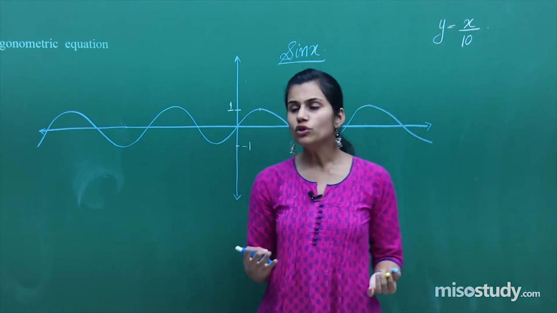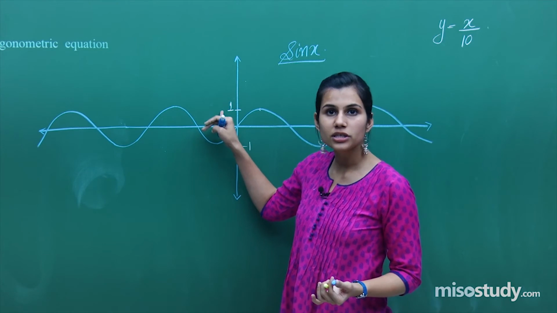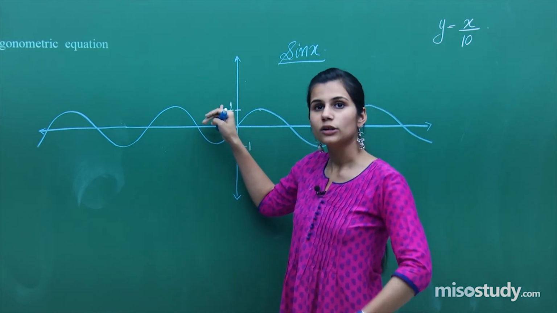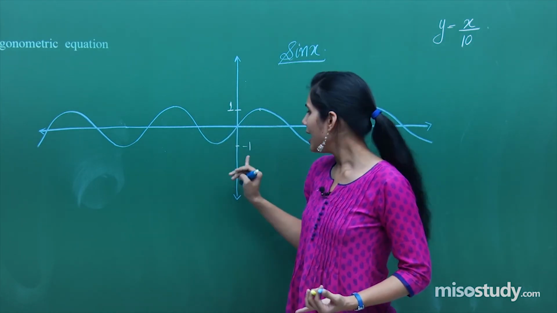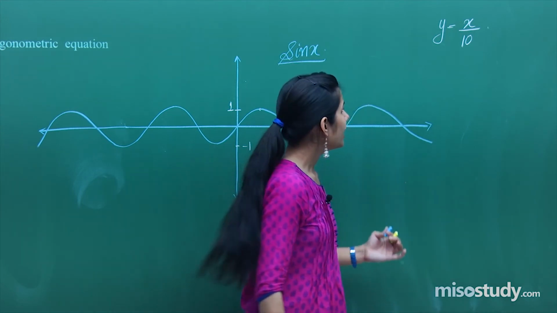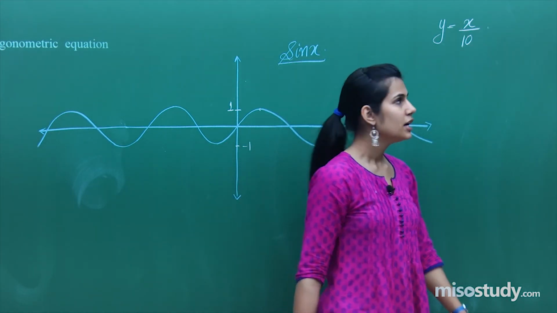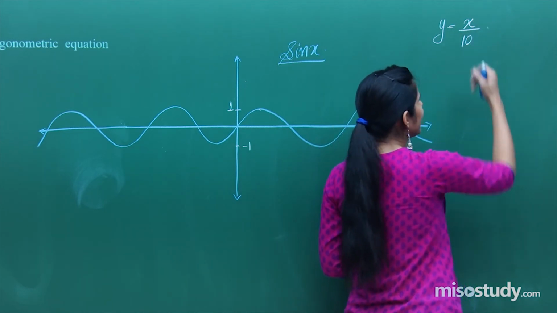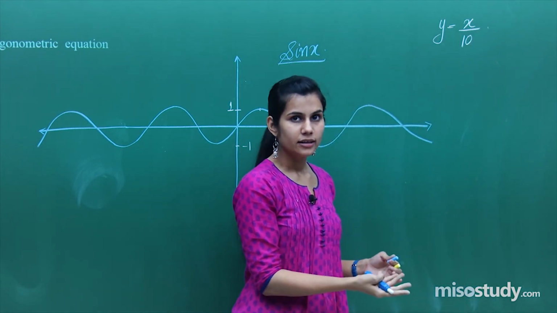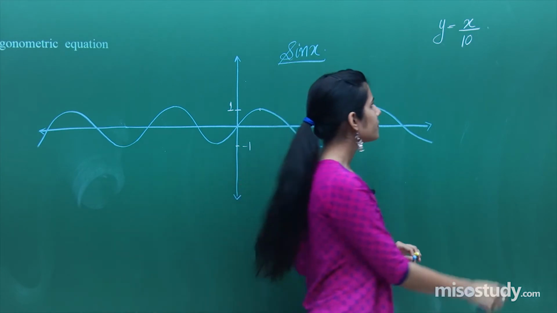Fine, because you know one thing in terms of integers, that the maximum integer which the sine function can take is 1 and the minimum is -1. So what are the integral values of x for which y can give you an integer? Well, if you take x to be multiples of 10, y is going to give you an integer.